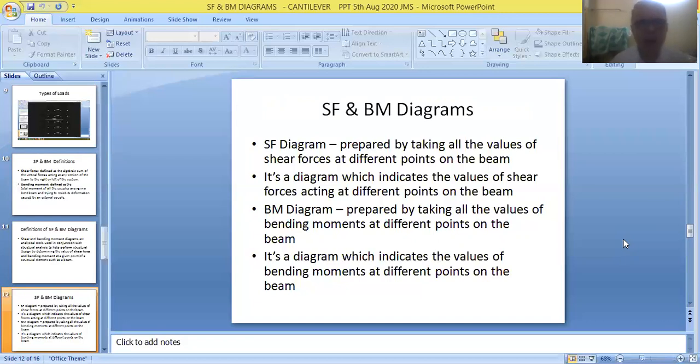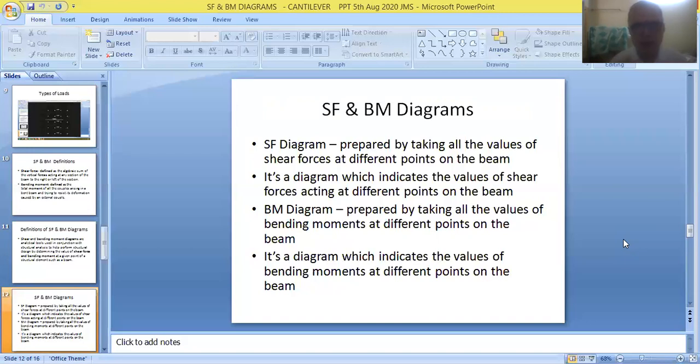As I've already told you in the beginning of the section, this SF diagram is prepared by taking all the values of shear forces at different points on the beam. Naturally, this diagram will be indicating the values of different shear forces acting at different points on the beam.